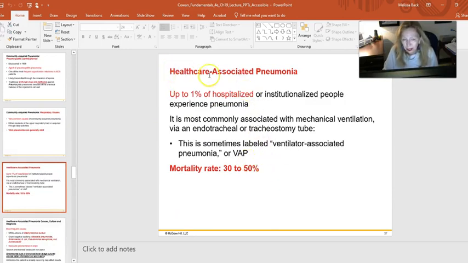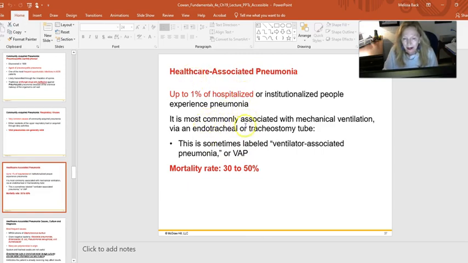Hospital or healthcare associated pneumonia. This is not that common, but it is very serious. You can see the mortality rates are high, especially if someone has picked up these pneumonias in the hospital. They're in the hospital, so they're already immunocompromised. They're already battling something else.